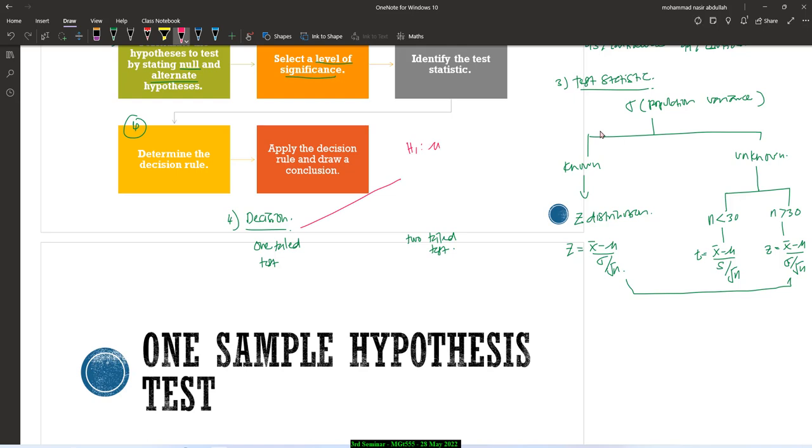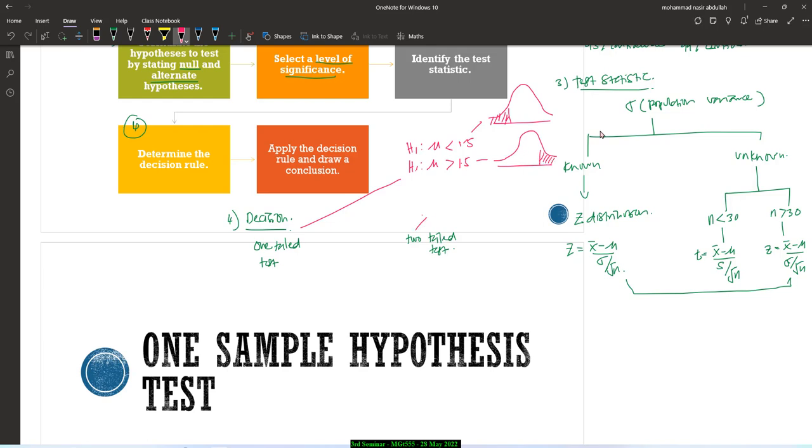If the alternative hypothesis is showing less than a value, for example less than 1.5, this is a one tail test. If the alternative hypothesis shows mu more than 1.5, this is also a one tail test. Kalau less than, it is on the left side. Kalau dia besar, on the right side.